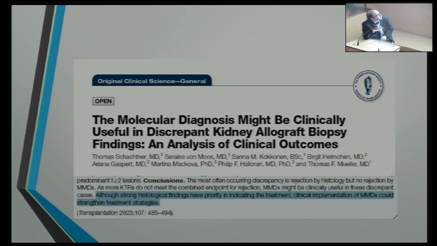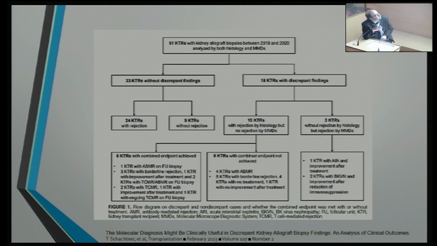It is one of the studies where they have seen where the discrepancy was. They studied 15 kidney transplant recipients in this case, and out of these, one third were without any discrepancy, and one third, almost 18, had discrepant findings.